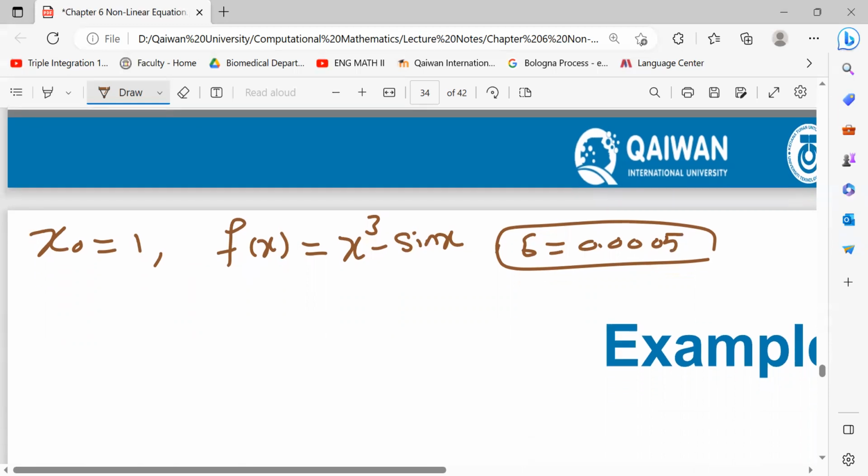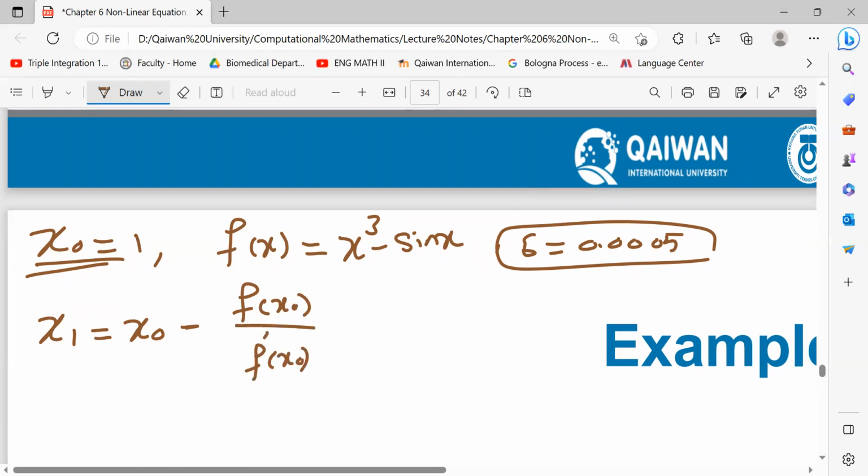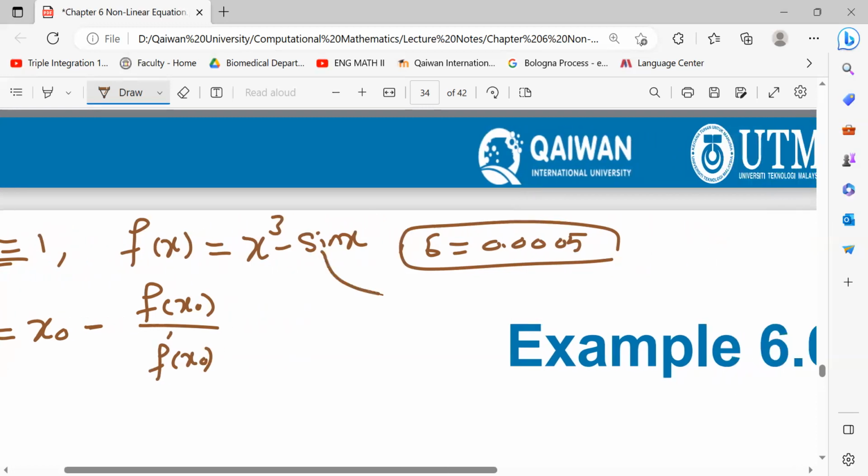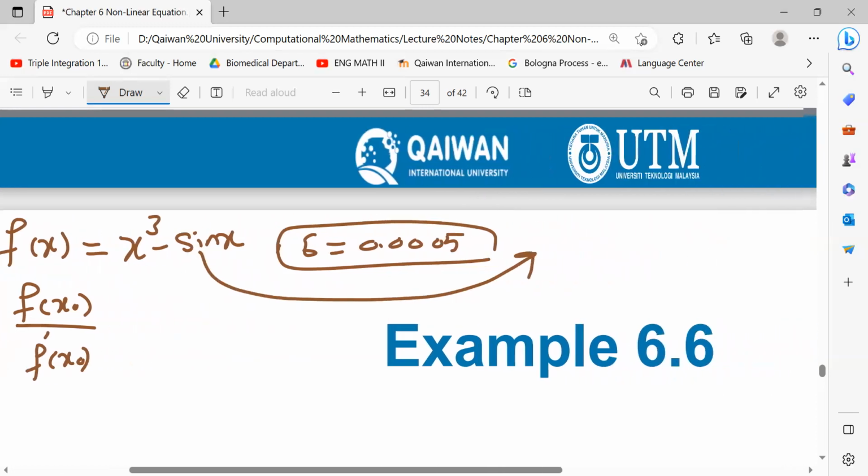Look, we have been given x naught. We need to find x1. You see, x1 is x naught minus f of x naught divided by f prime of x naught. So from f, we need to find f prime.